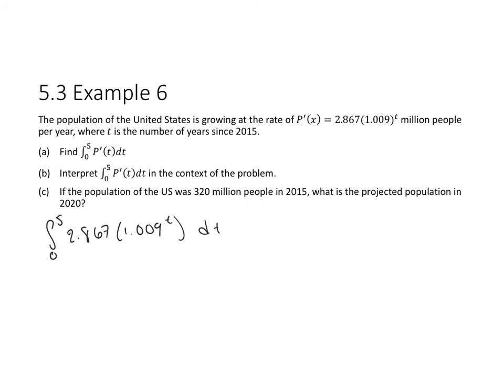So we need to recall that the antiderivative of a to the t is a to the t over ln a. The way that I remember this is that the derivative of a to the t is a to the t ln a. So if I take the antiderivative, I'm missing this ln a, so I need to divide by it.